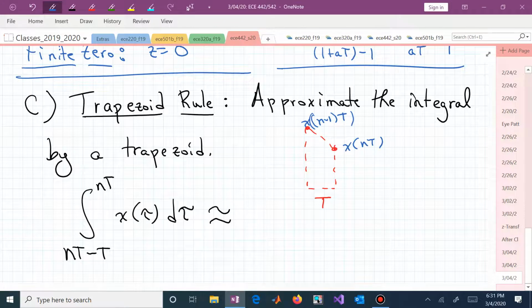I made that too big, didn't I? So I can clean that up a little. Now my trapezoid's a little smaller, but gives me a little bit more vertical room.